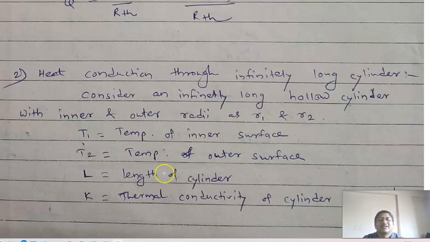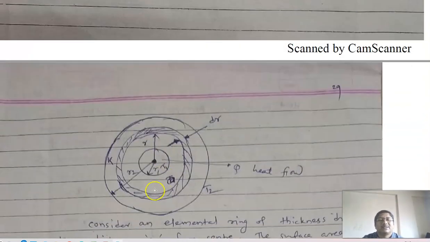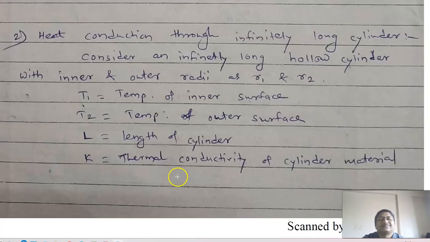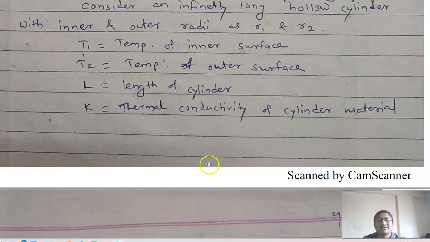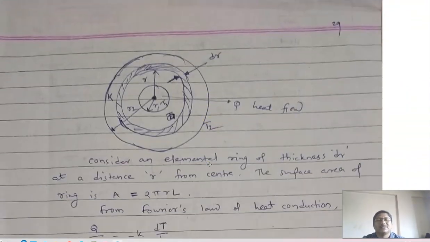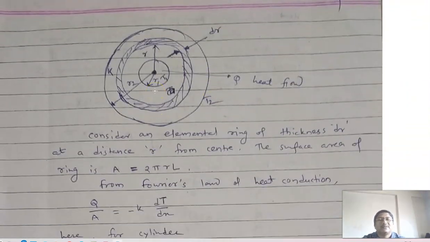T1 is the temperature of the inner surface, T2 is the temperature of the outer surface, L is the length of the cylinder, and K is the thermal conductivity of the cylinder material. So here you can see R1, R2.